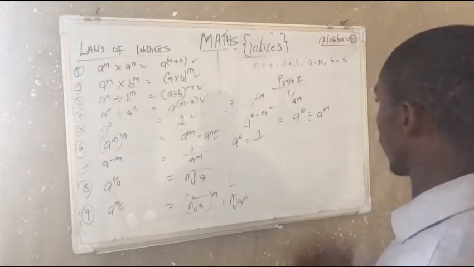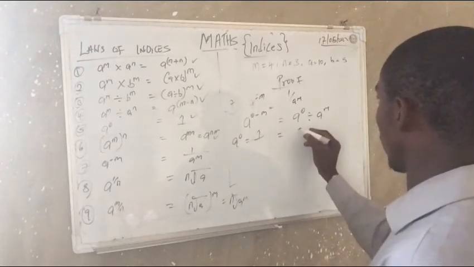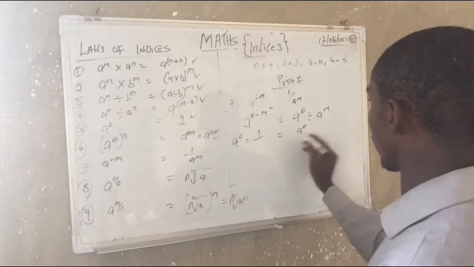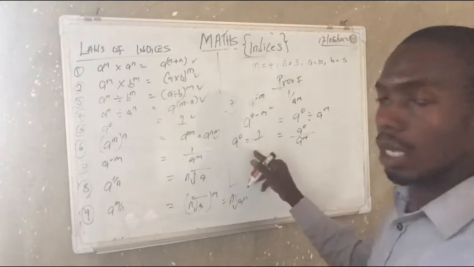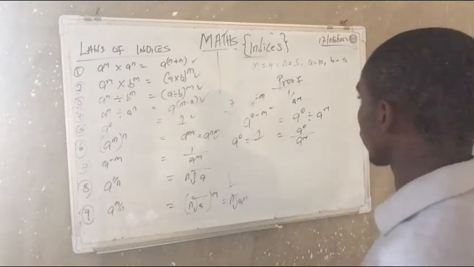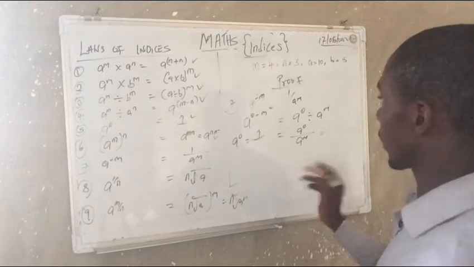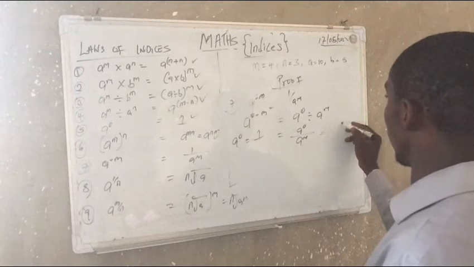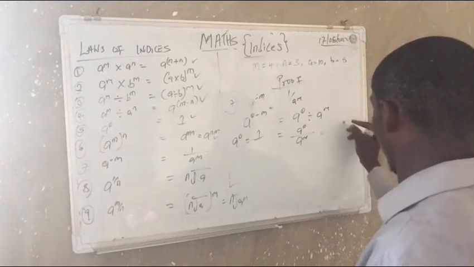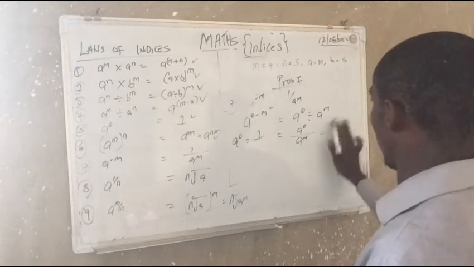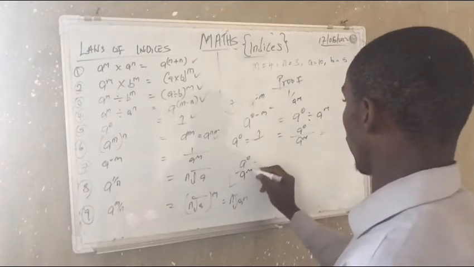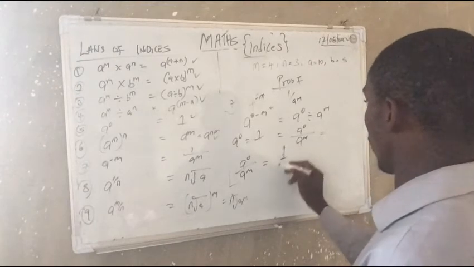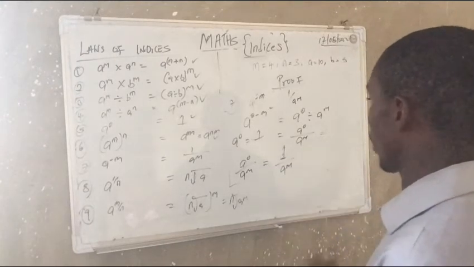So now, that is how you get 1. Now, a raised to the power 0 over a raised to the power m will give us 1 all over a raised to the power m.